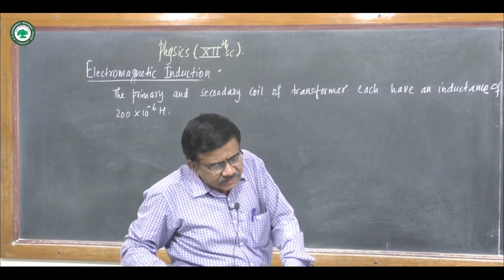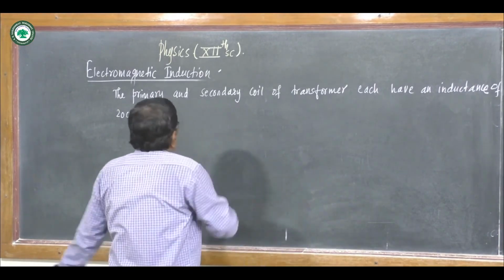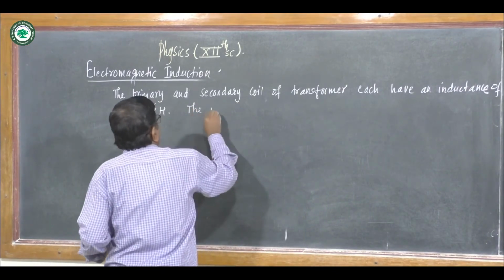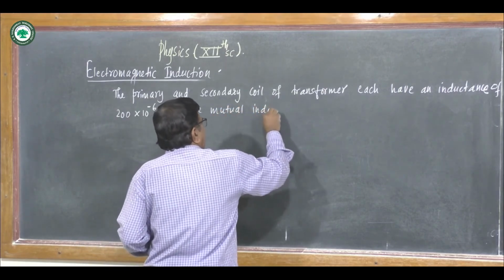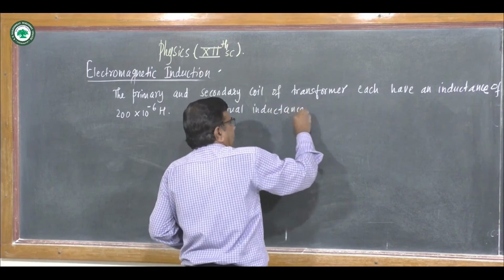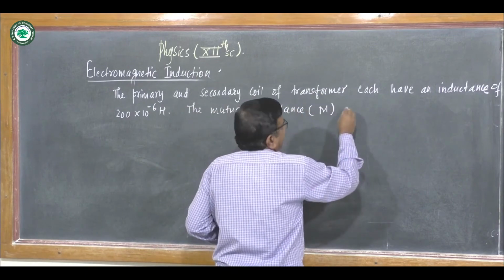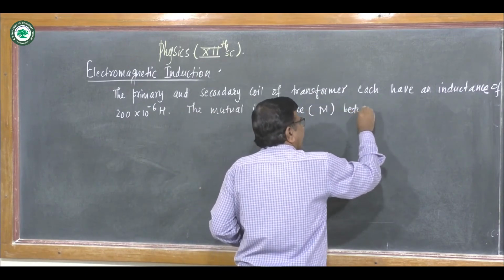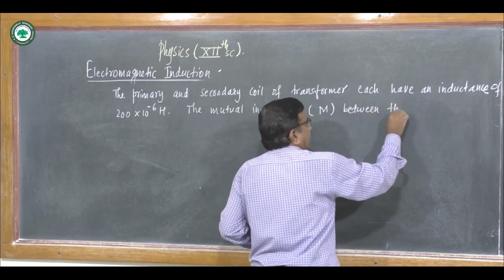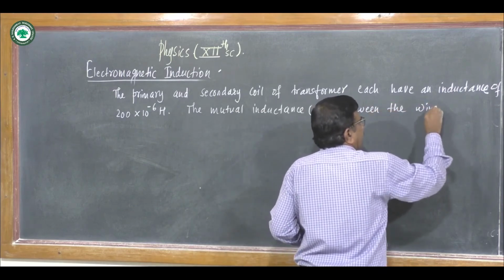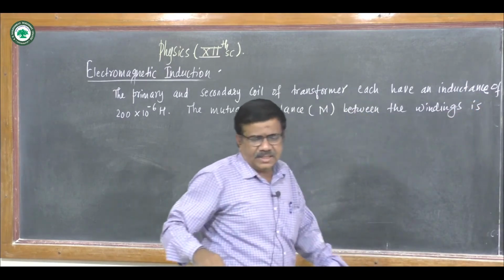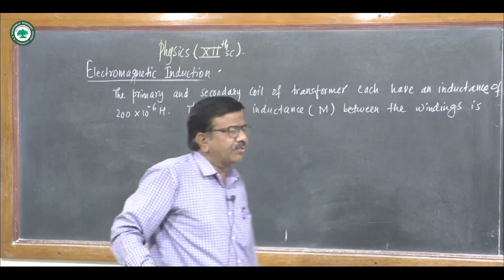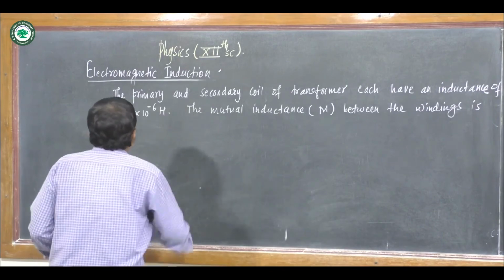The mutual inductance between the windings, denoted by M, is 4 into 10 raised to minus 6 Henry.